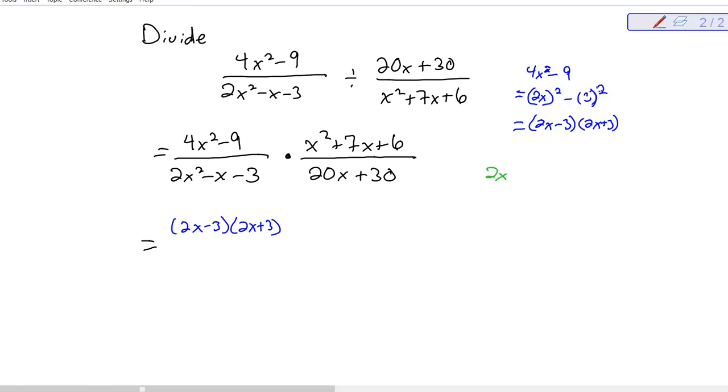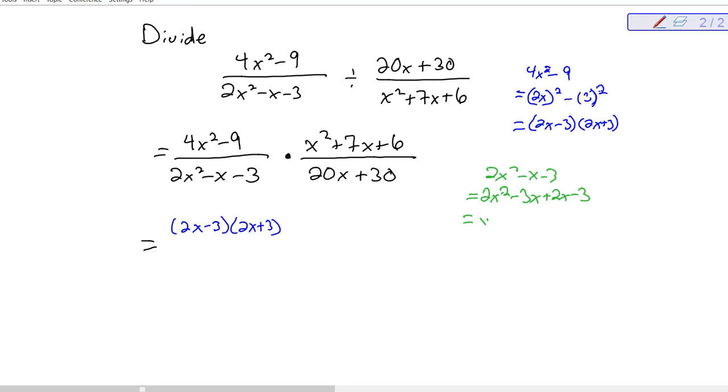Then we have 2x squared minus x minus 3. So I want to multiply to give me a negative 6 and add to give me a negative 1. That will be a negative 3x and a positive 2x.